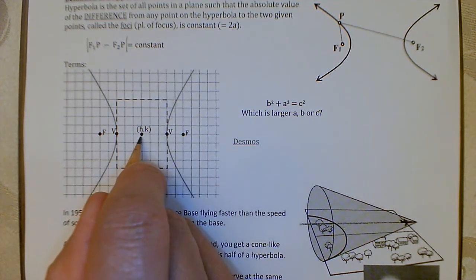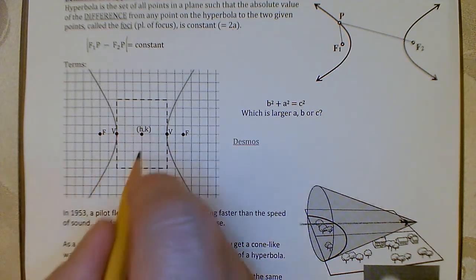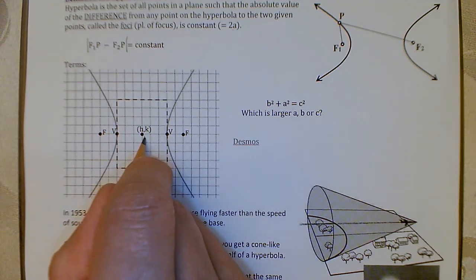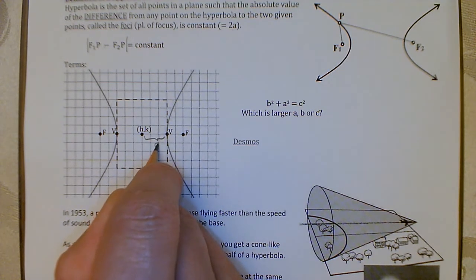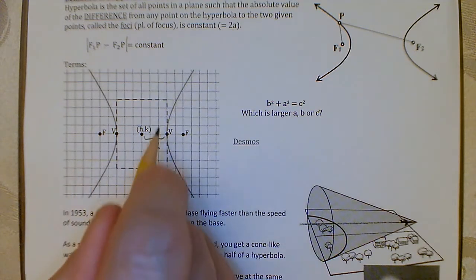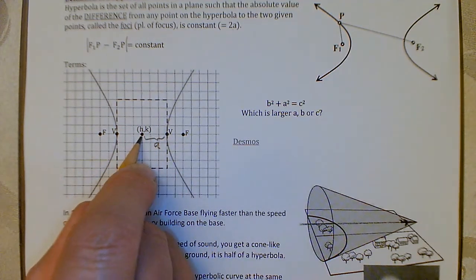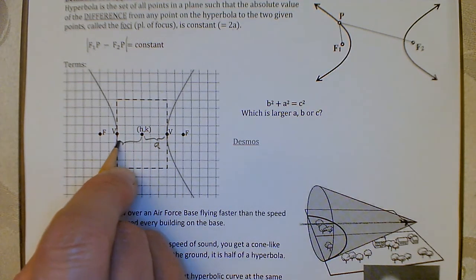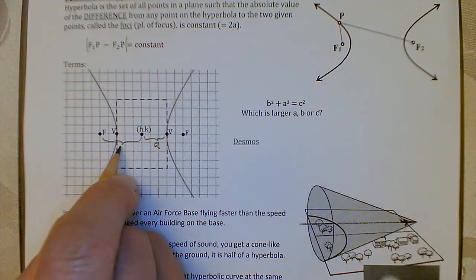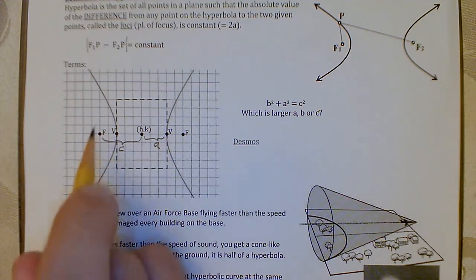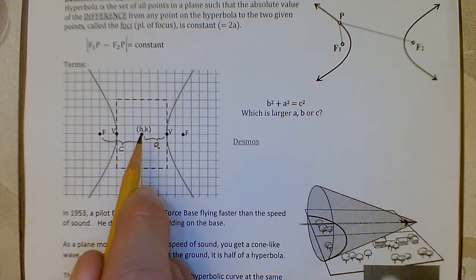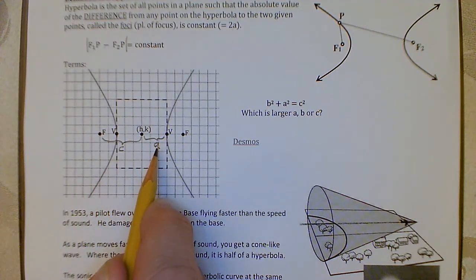The distance from the center, which I'm calling (h, k), and we'll use that same nomenclature here, out to the vertex is referred to as a. And then the distance from the center out to a focus is going to be c. So you can see in this case for hyperbolas, c is going to be bigger than a.